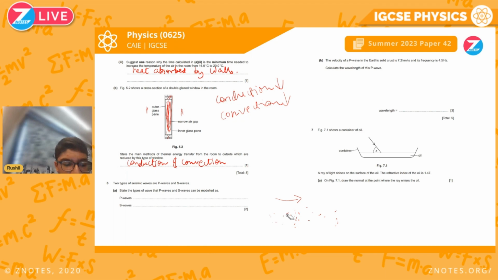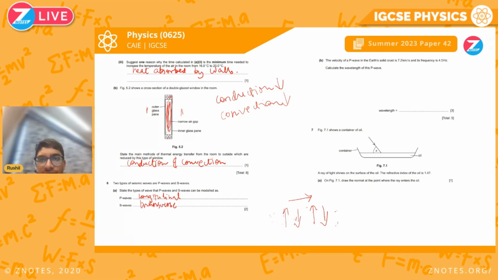Whereas transverse waves are when it's moving like this, the particles vibrate up and down while the wave moves forward. So P waves are longitudinal, and S waves are transverse.